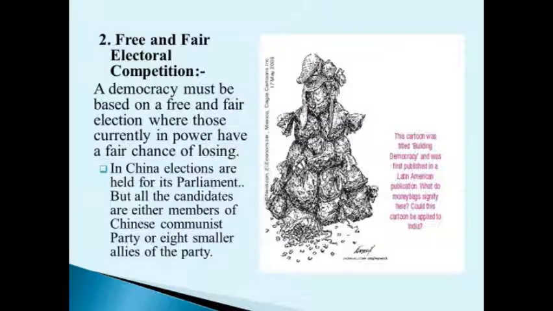Free and fair electoral competition. A democracy must be based on a free and fair election where those currently in power have a fair chance of losing. In China, elections are held for its parliament, but all the candidates are either members of the Chinese Communist Party or eight smaller allies of the party.